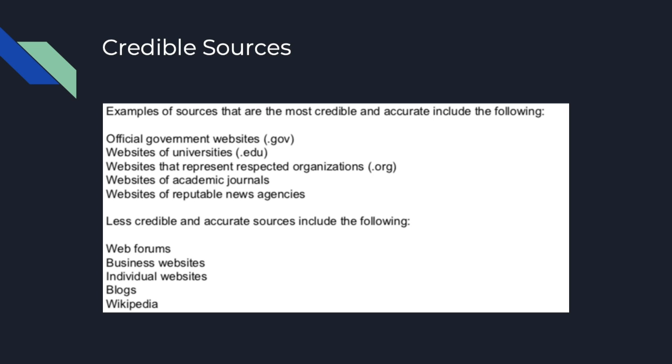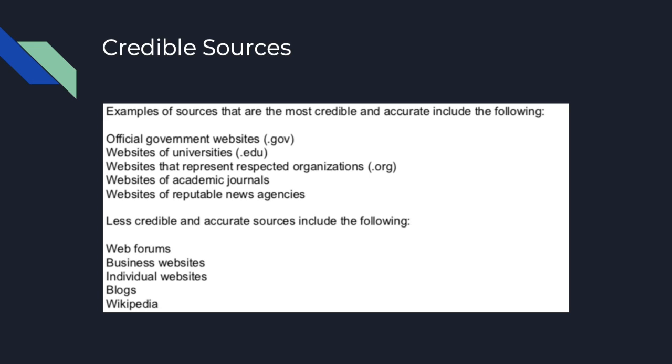So when you're doing this research project, you will be filling in a table answering the different questions I mentioned before. And it's really important as you are doing your research that you get the information from credible sources.